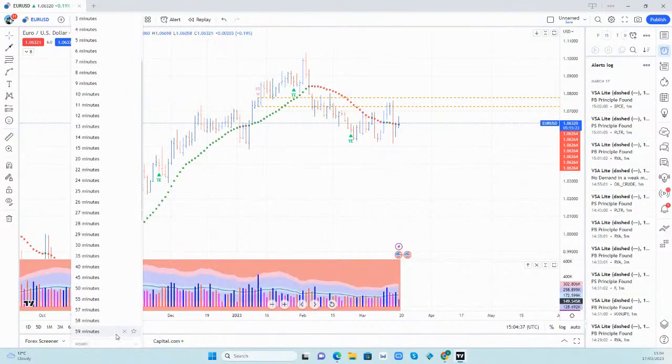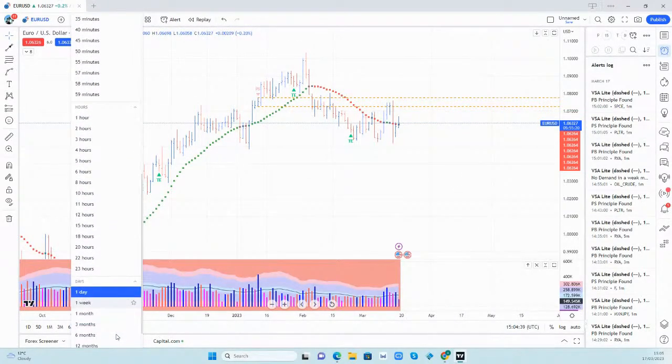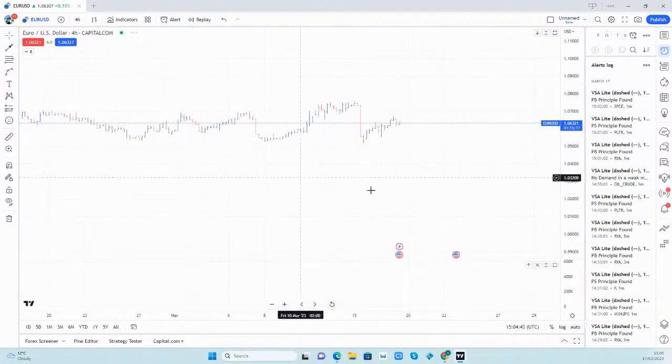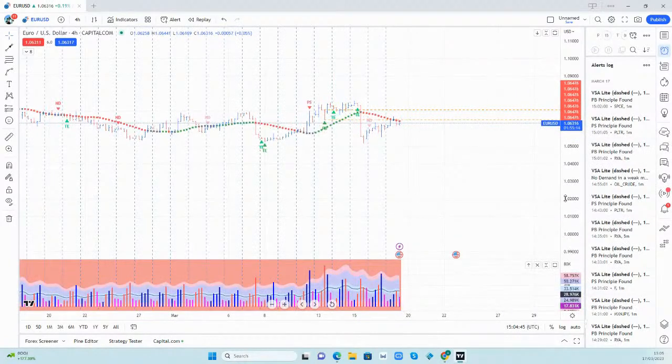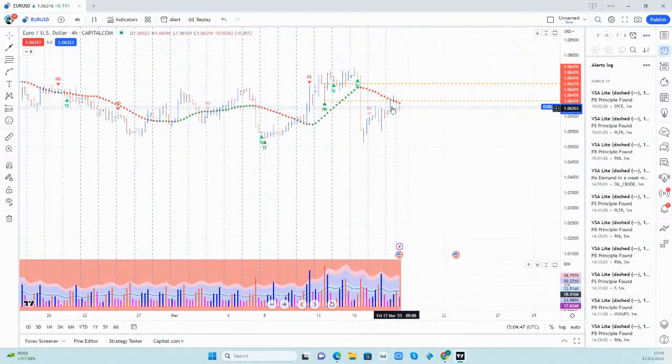Now let's have a look at the 4 hour chart. You can see the weakness has started to appear. There is a change of behavior. A potential professional selling has appeared and was confirmed. Then a potential professional buying appeared, but obviously there is no entry for a long trade, for obvious reasons.